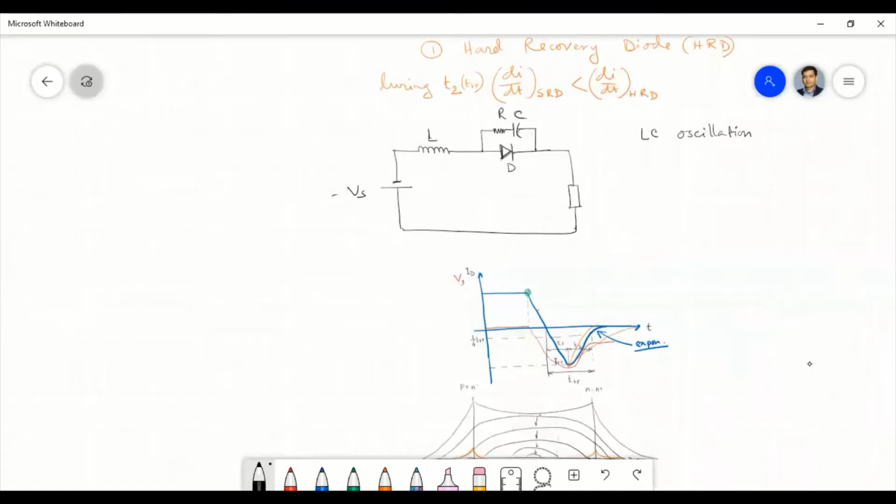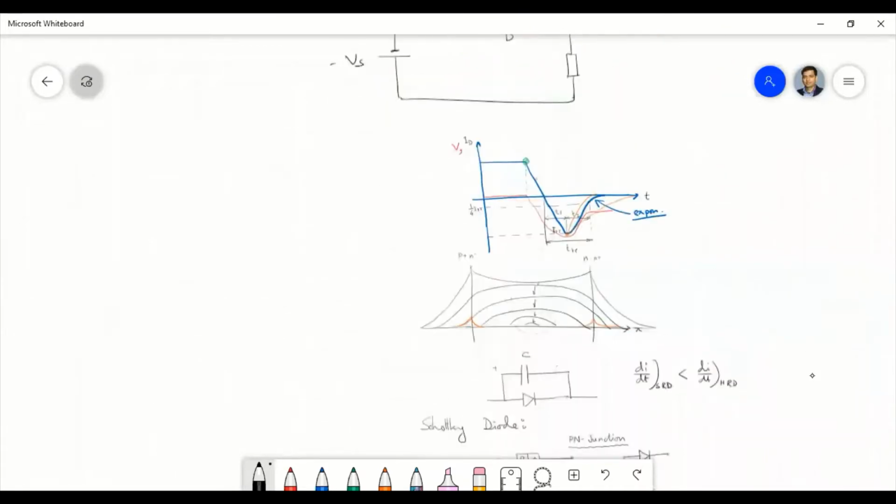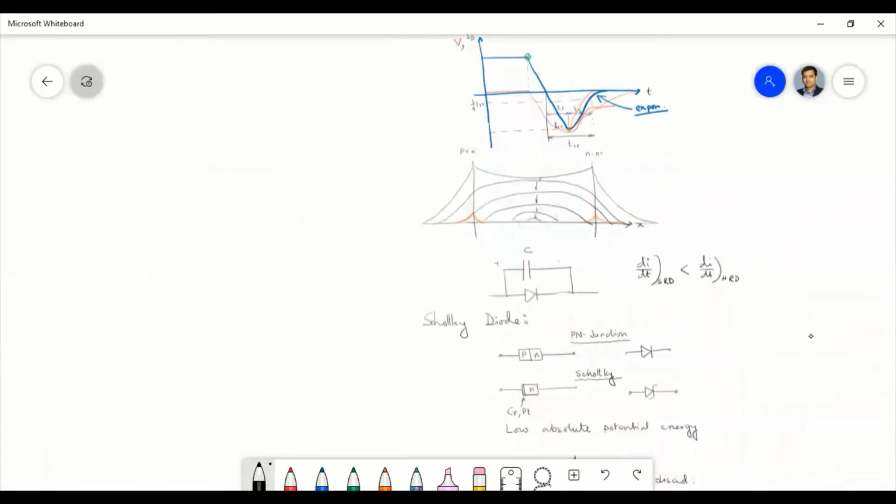We also discussed the exact definition of t_rr, the reverse recovery time, today, and how the minority carrier distribution changes with time during the switch off.